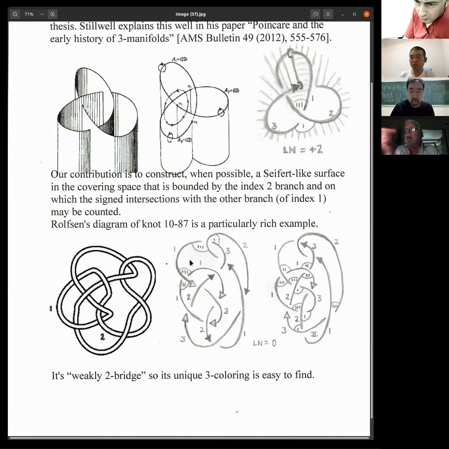And what the little number 1 indicates is that half of the twisted rectangle is to be lifted to copy number 1 of the covering space.